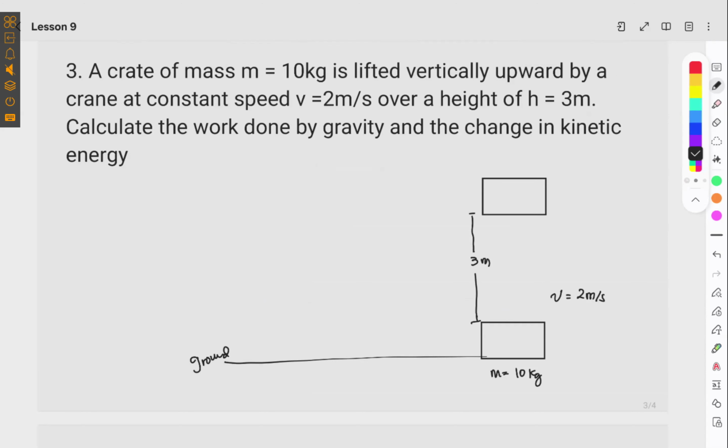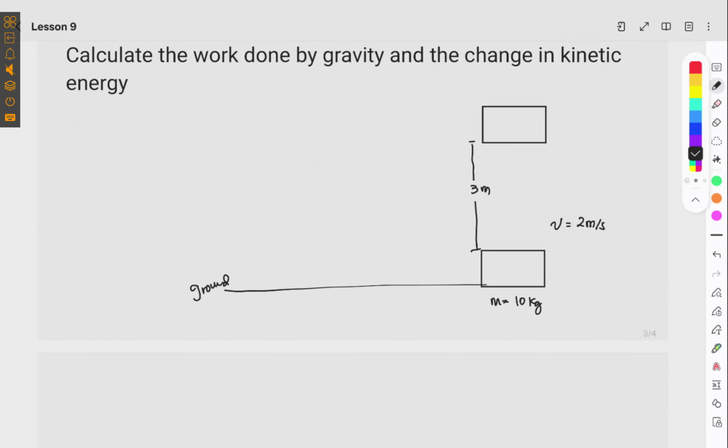Now, we want to calculate the work done by gravity and the change in kinetic energy.